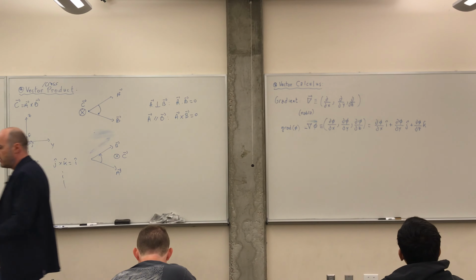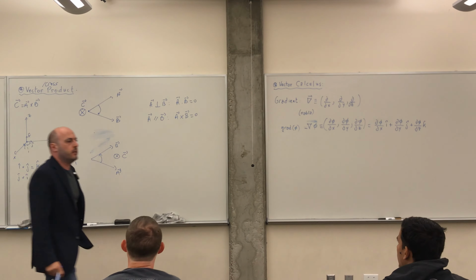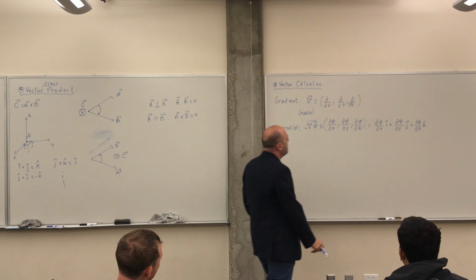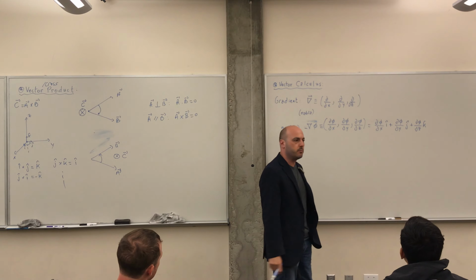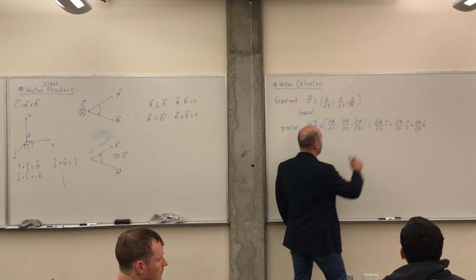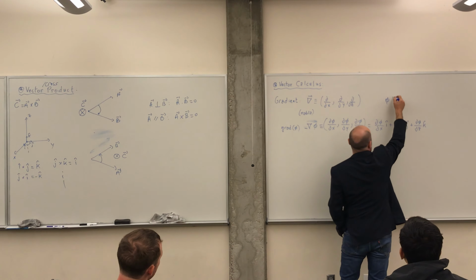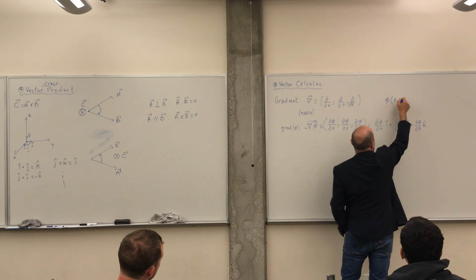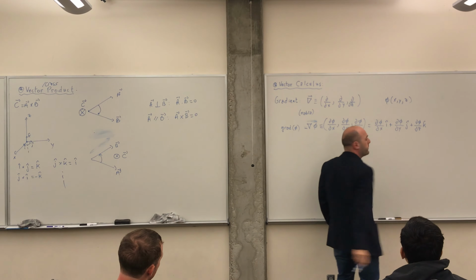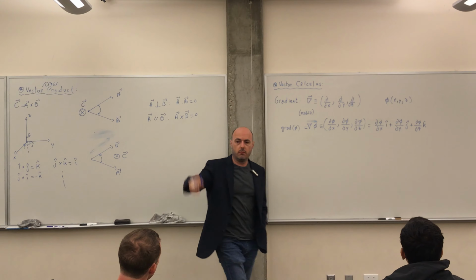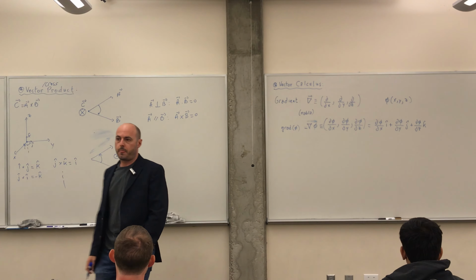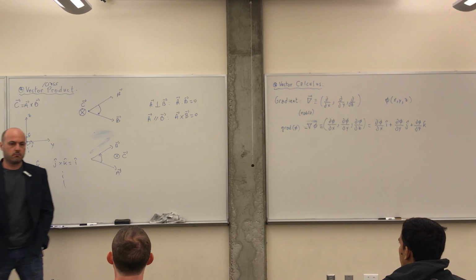This is all great and fun and interesting, but what does the gradient mean? One thing to point out is that phi in general is a function of x, y, and z, so it's a three-dimensional function.